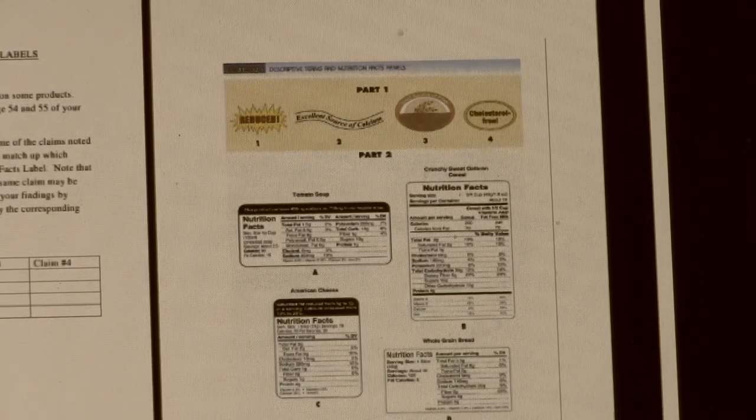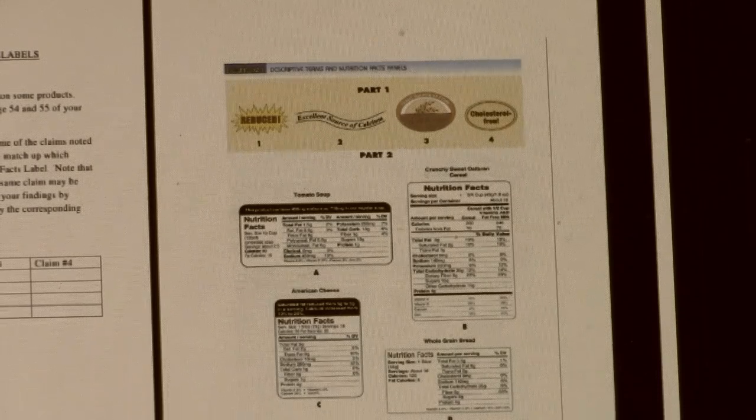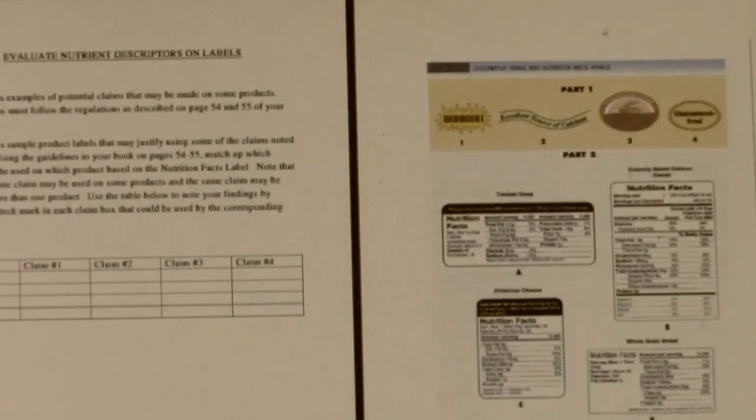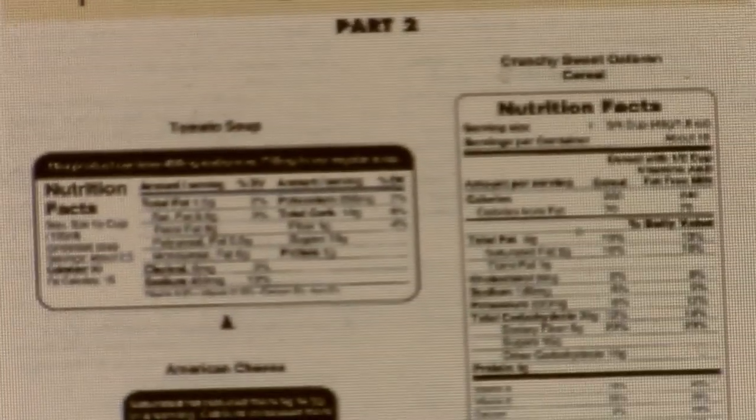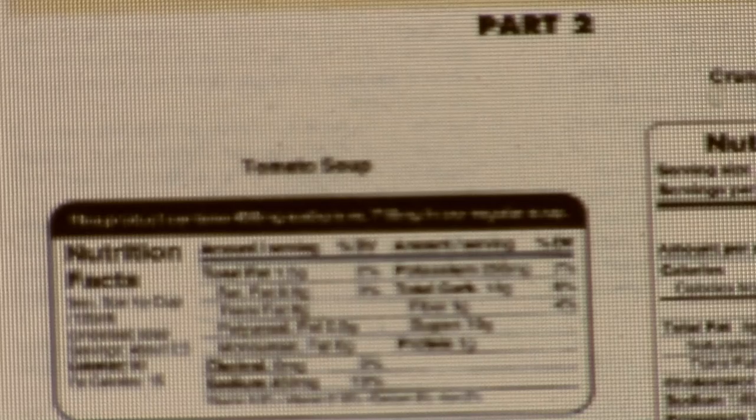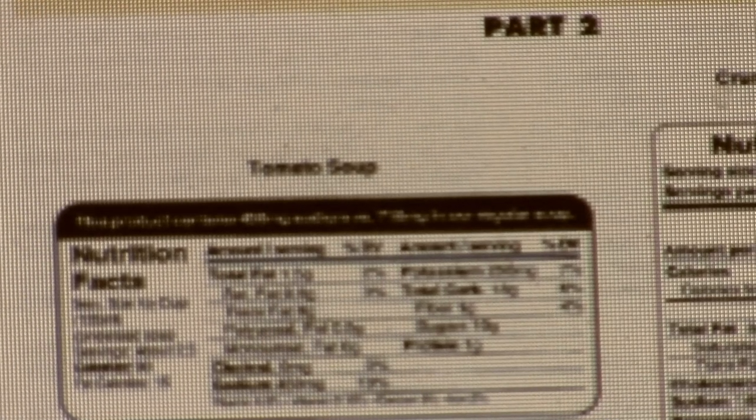So let's go through those a little bit so you can see. If we're looking at the first label, our tomato soup, let me zoom in on that one. Sorry, I know the copy is difficult to see, so hopefully yours, if you download it from the Moodle page, might be a little clearer.